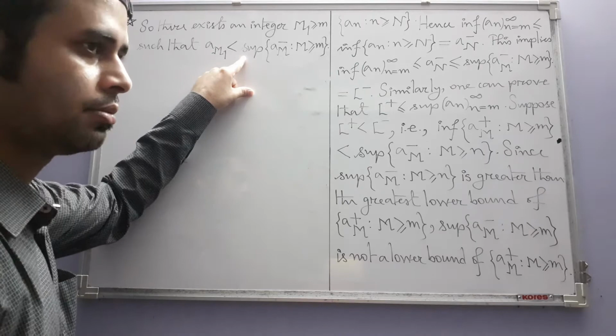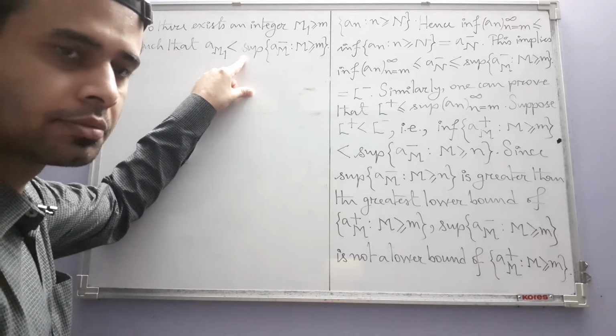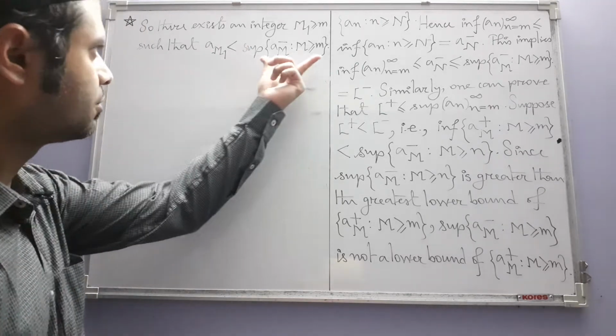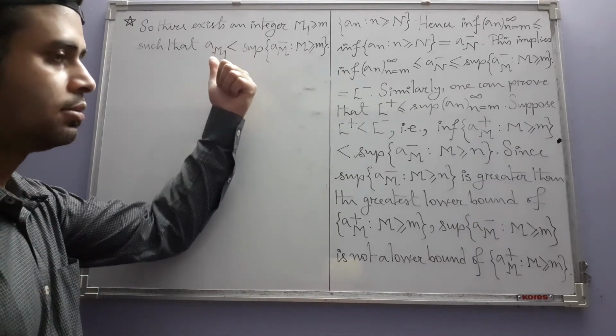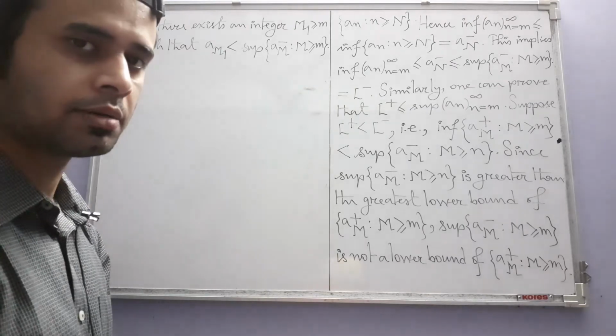You see, supremum means what? Least upper bound of this set. This am1 is smaller than the least upper bound.